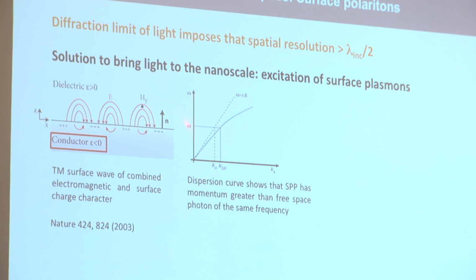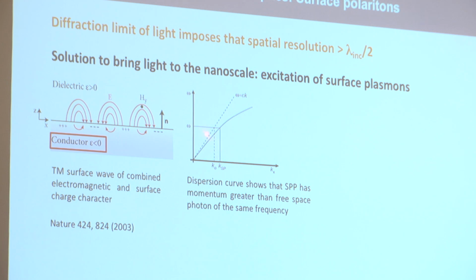Meaning that at the same frequency, since this wave has some properties of light, the wave vector is larger, meaning that lambda is smaller. On the other hand, the slope is smaller as well, meaning that the velocity of these waves is smaller, in proportion to the wavelength shrinking.